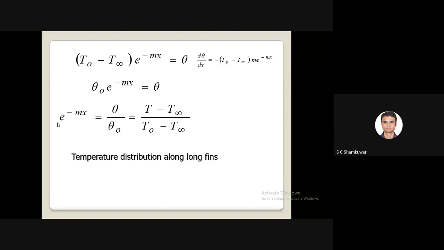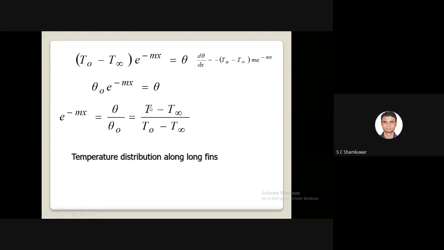I would have given you this last formula directly, but I think you would not have understood what theta is, what theta naught is, what T infinity is, and how that is related to e to the power minus mx. You should know the process. Therefore, I have spent almost 1.5 hours to derive this equation.